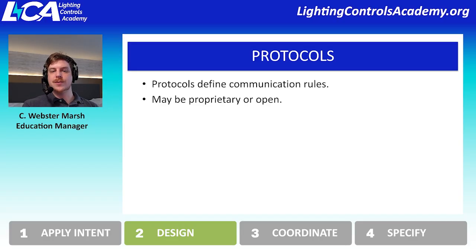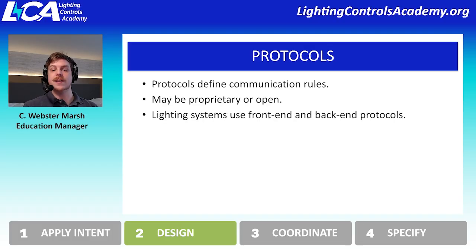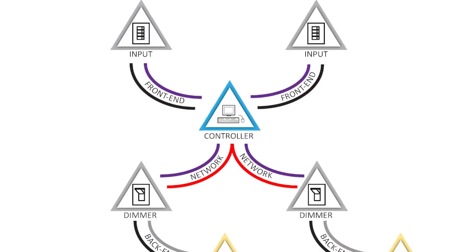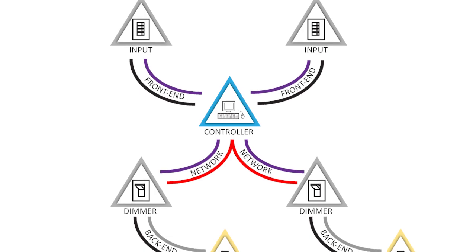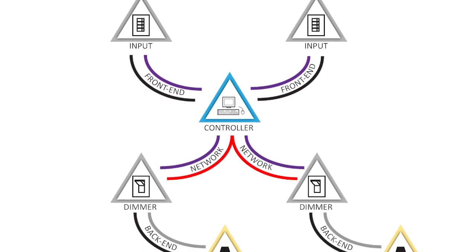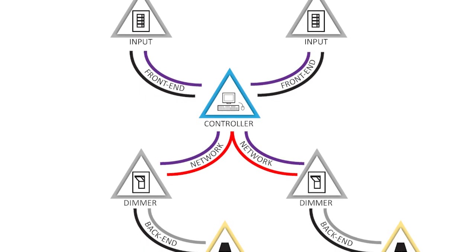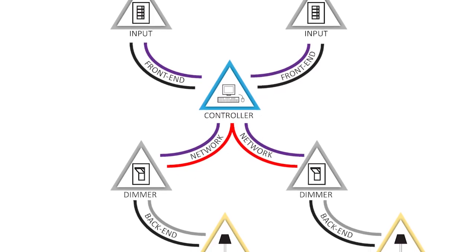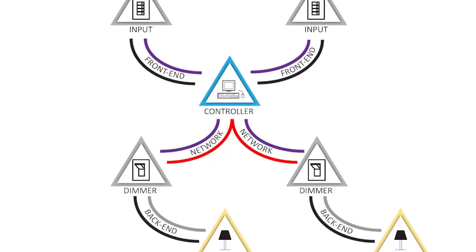It's important to note that with protocols, there's also what's referred to as front-end and back-end protocols, which really just refers to where in the stream of a system that protocol is being utilized. Many lighting control systems utilize different protocols within the system and then communicating out to the luminaire.